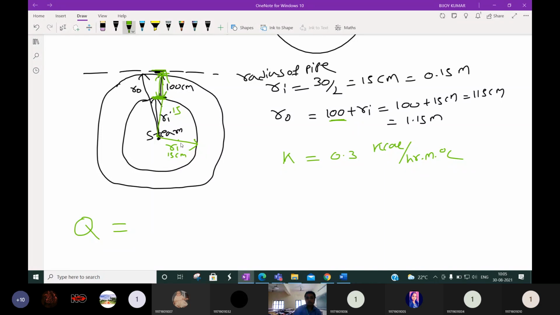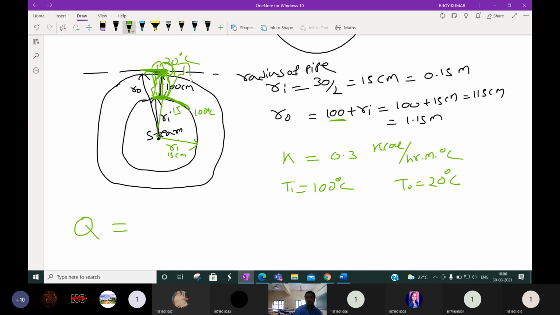Other information is given: the surface temperature, Ti, inside temperature is 100 degrees centigrade, and the earth's temperature, the outside temperature, is 20 degrees centigrade. The heat will transfer from here to here.